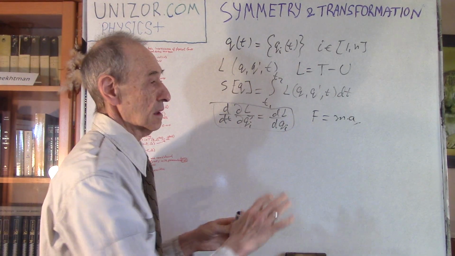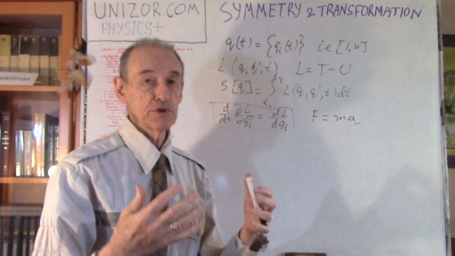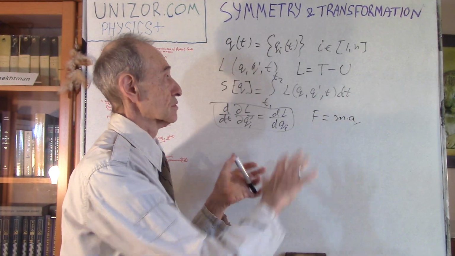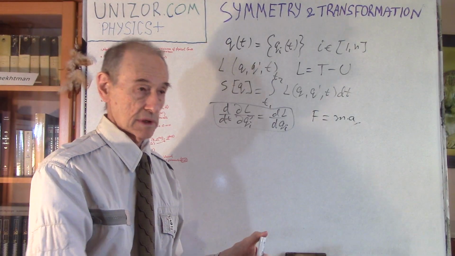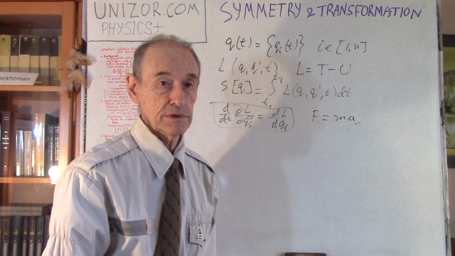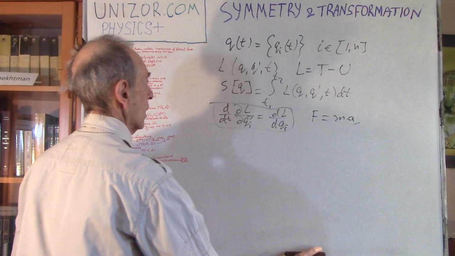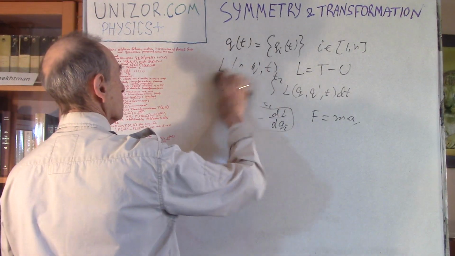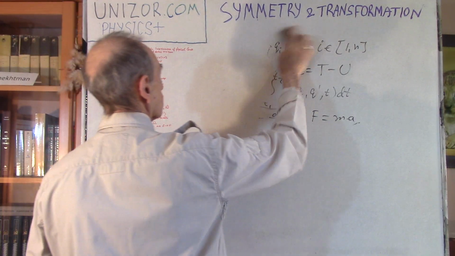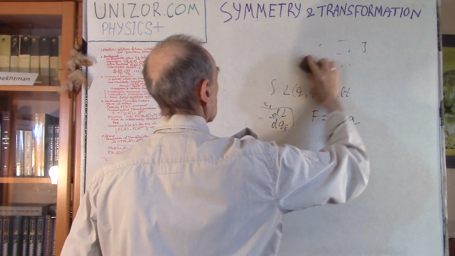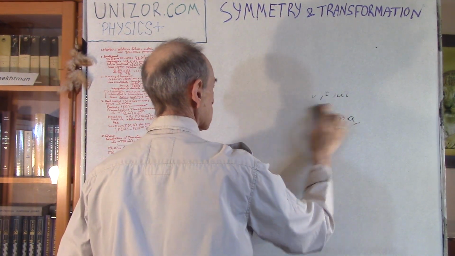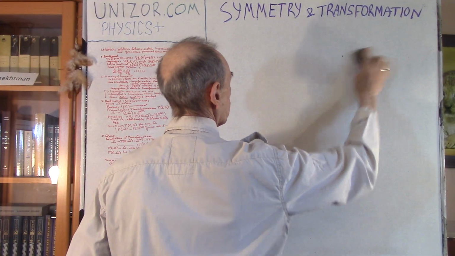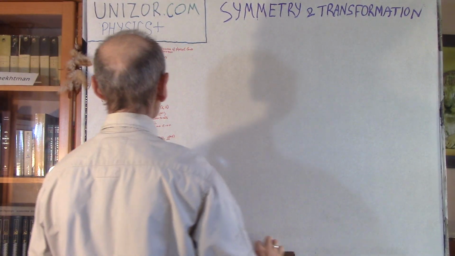These are things which I presume you have to know, although I will not use these formulas right now in this lecture, but in further lectures about Noether's theorem they will be used. Okay, so this is just a preliminary set of words about the knowledge you have to possess before learning about Noether's theorem.